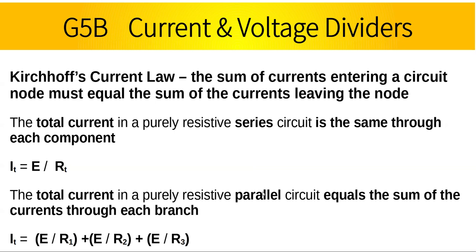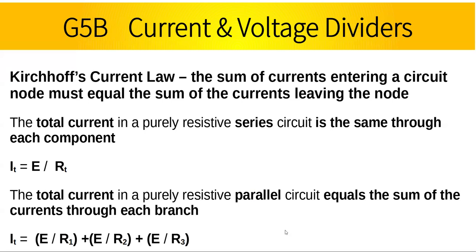Okay. There's a thing called Kirchhoff's law. If you remember that, there's actually two laws, his current law and his voltage law. And they work most of the time, except when there's magnetic fields involved, which we won't go into, but they behave different.